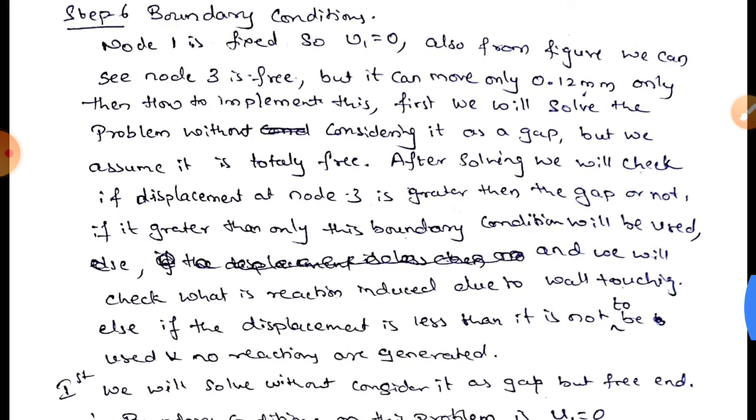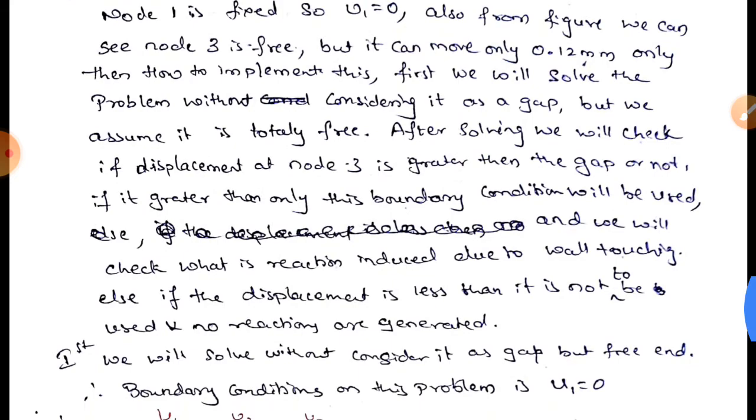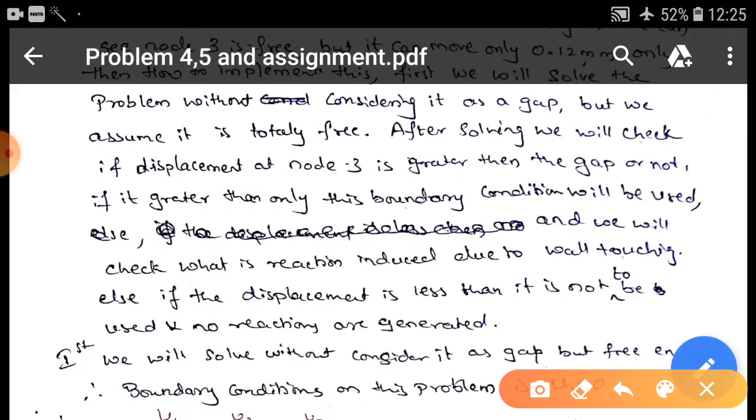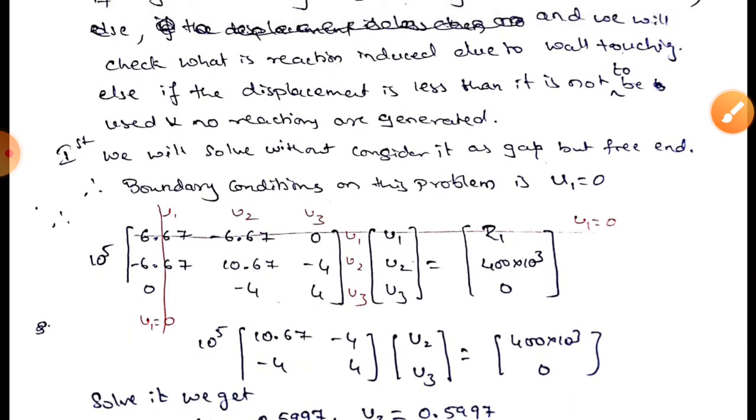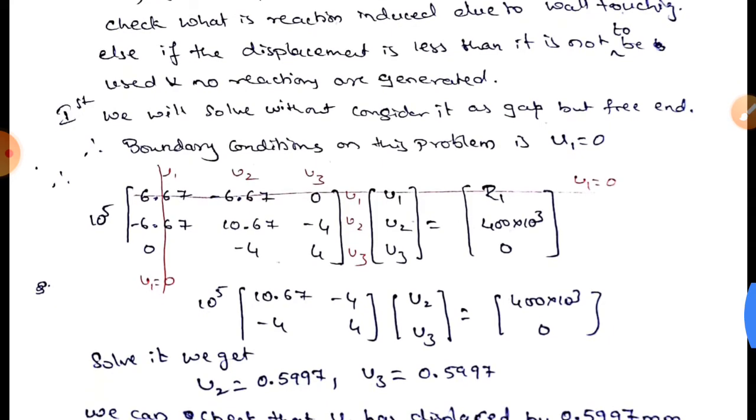If it is greater than the gap, then we will implement the boundary conditions and check the reactions induced when it touches the wall. Else, if the displacement is less than the gap, it need not be applied, and no reactions are generated. So first we will solve without considering it as a gap but as a free end.